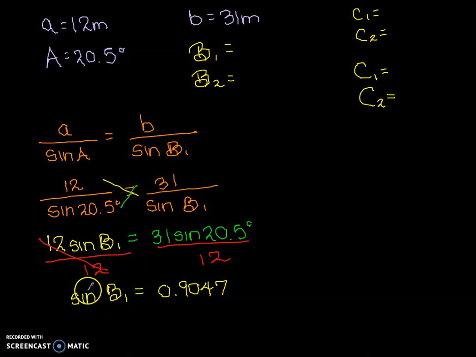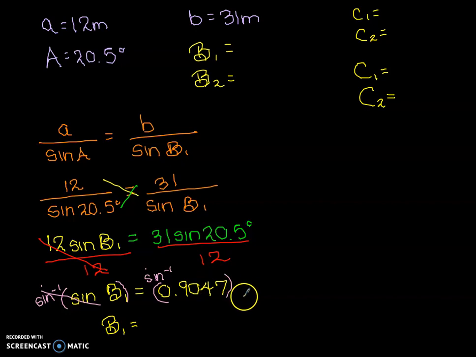From here, we're going to try to get angle B by itself. Now, sine and angles are stuck together, so the only way I can get rid of the sine is to use inverse sine. Whatever I do to one side, I do to the other. Again, make sure your calculator is in degrees. To find the angle B sub 1, I'm going to take the inverse sine of the answer.